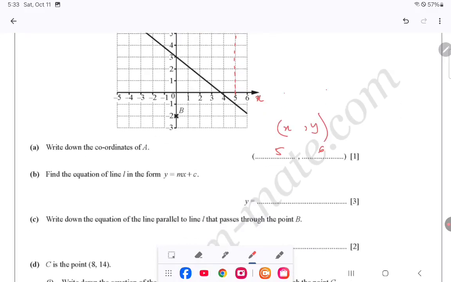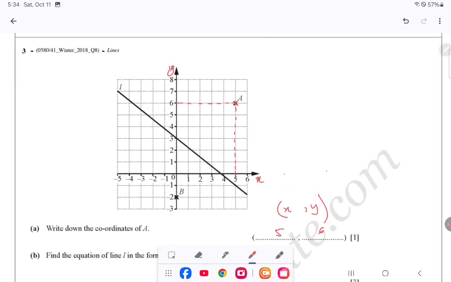In part B, find the equation of the line in the form y equals mx plus c. So we know the formula of slope: m is equal to y2 minus y1 over x2 minus x1. We can choose any points on the line.